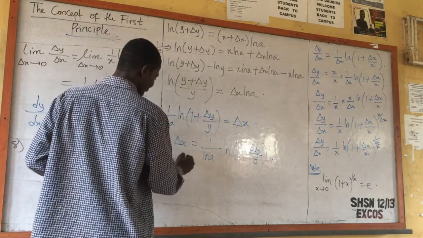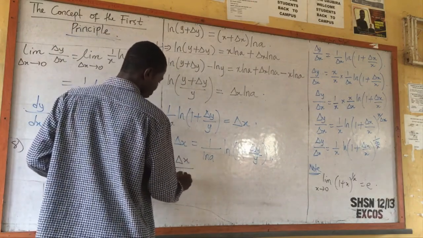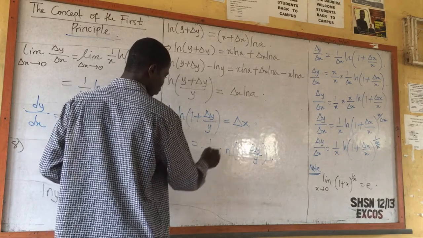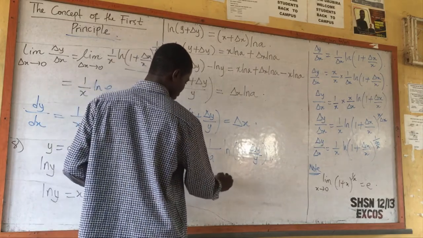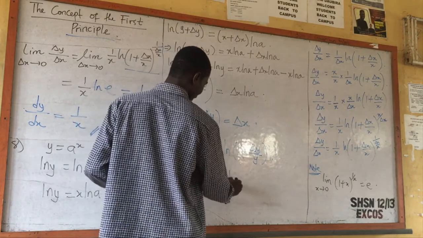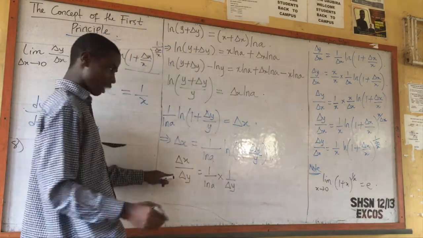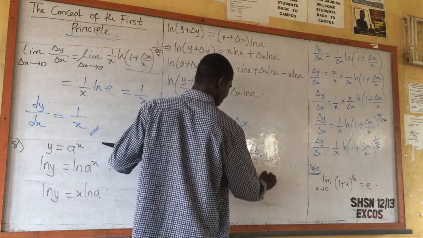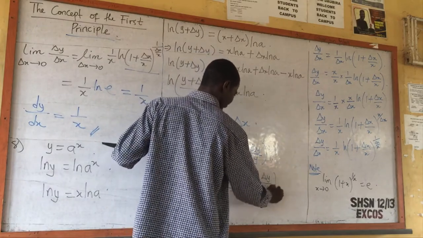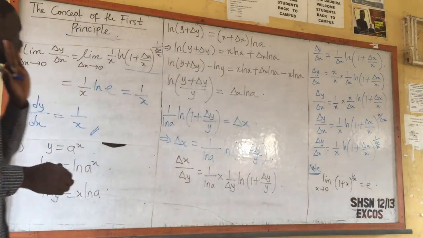So this will now be delta s over delta y is equal to 1 over ln a multiplied by 1 over delta y, ln of 1 plus delta y over y. That is what we are going to have.